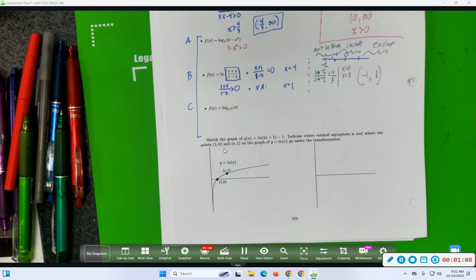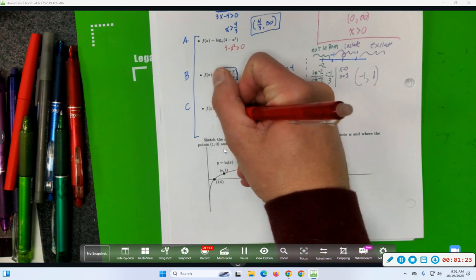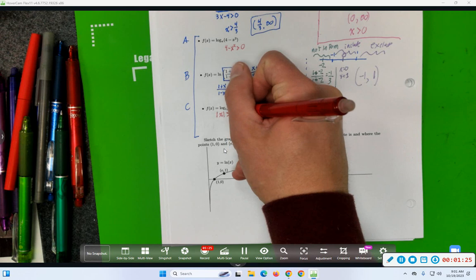Next one, C. What inequality do you need to solve for that? Here's what you need to solve. Absolute x strictly bigger than 0.